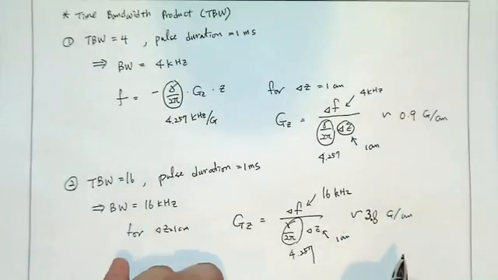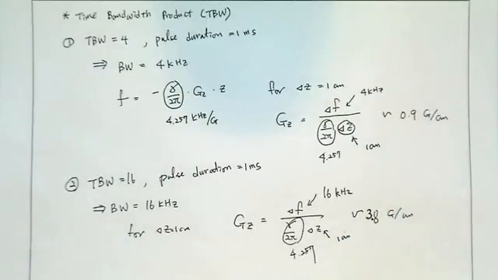Okay, the reason that I'm saying this is what? You can set any time bandwidth product, and you can set any pulse duration, but eventually the cost is that you have to use either high gradient amplitude or low gradient amplitude, depending on duration and the RF bandwidth.